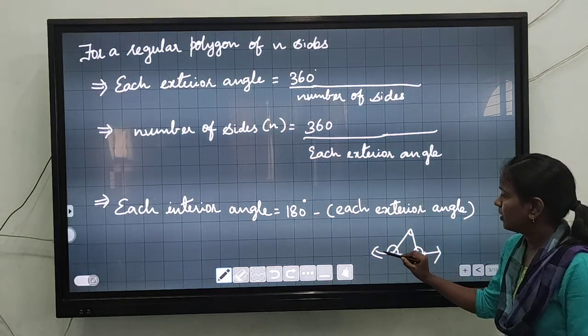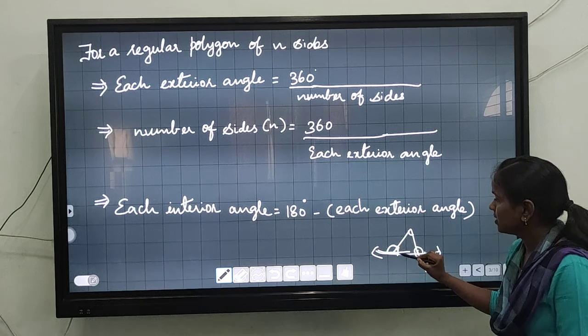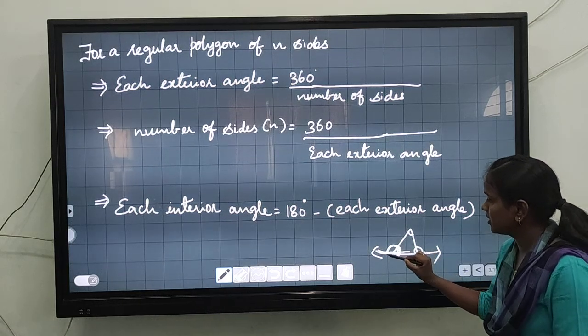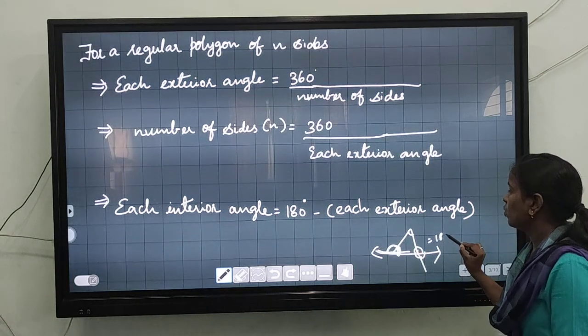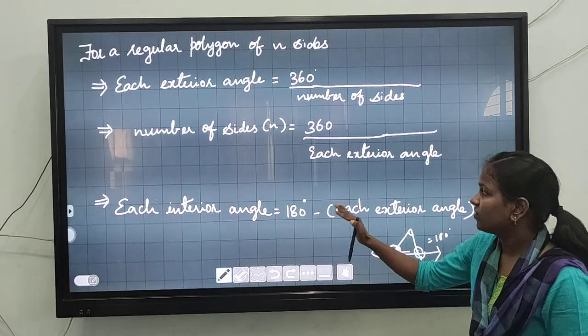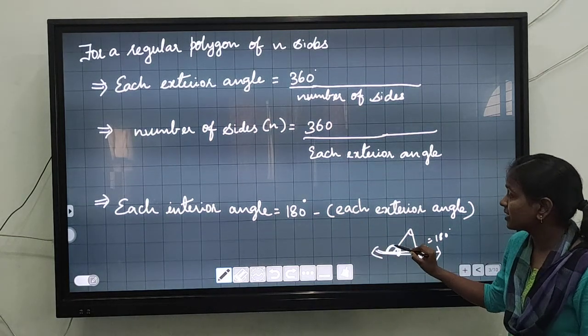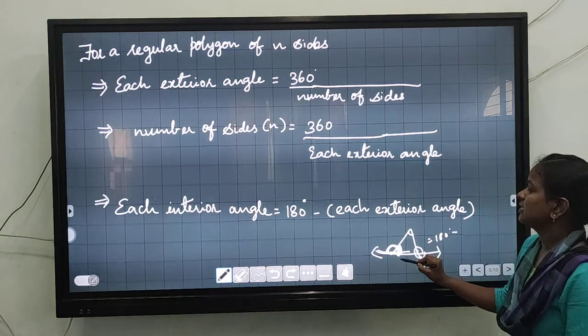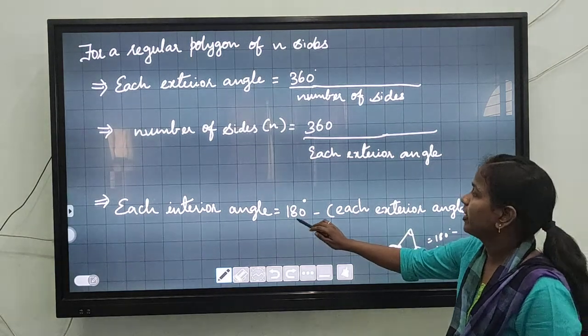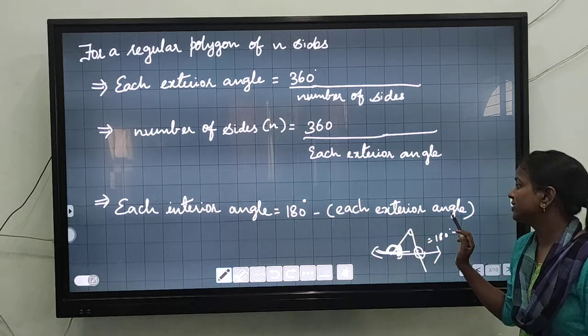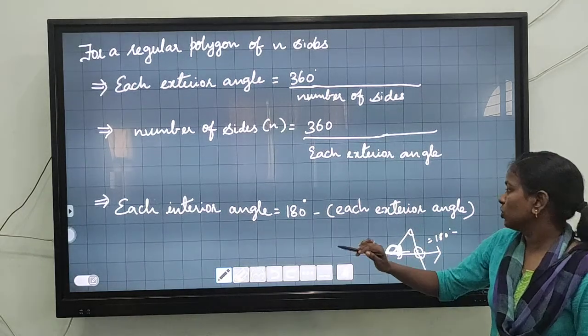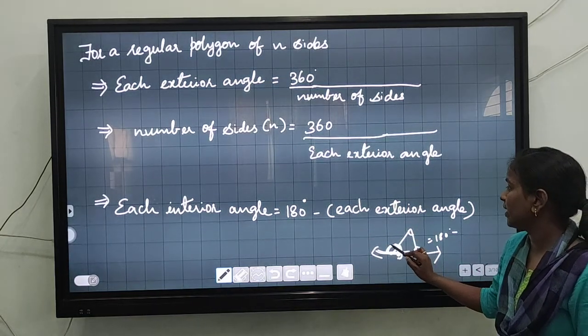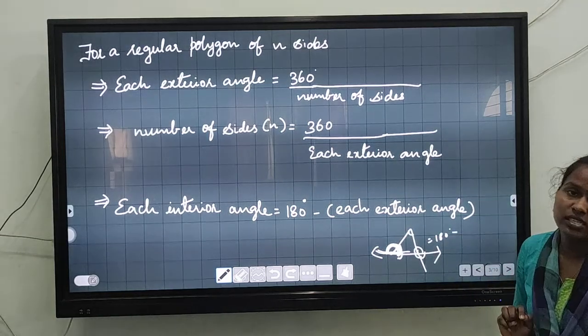This interior angle plus this exterior angle equal 180 degrees. That means if they are asking only for this angle, it is 180 degrees minus the other angle. So I am writing here 180 degrees minus each exterior angle. If they ask for the interior angle, it is 180 degrees minus each exterior angle.